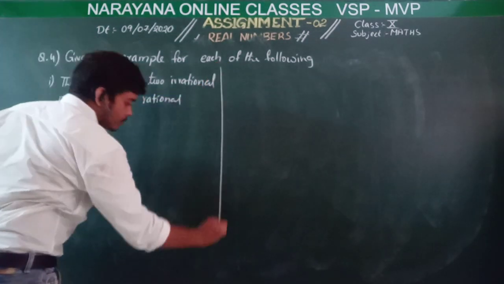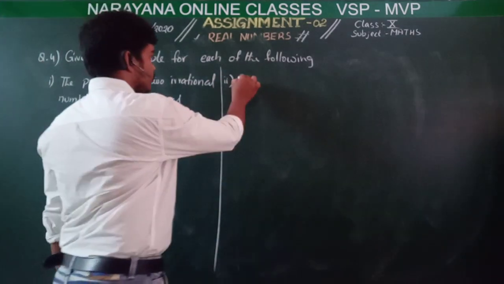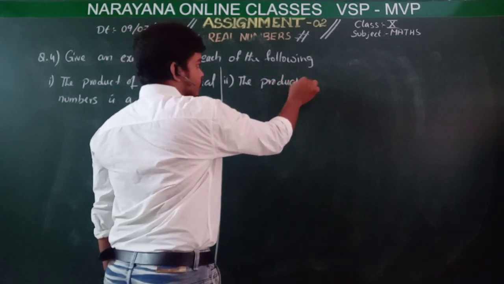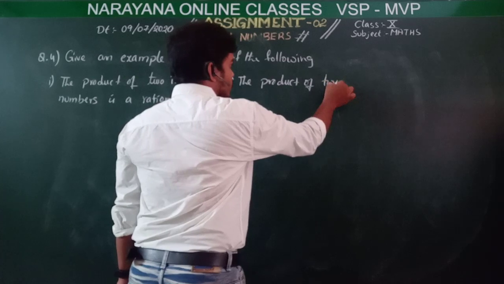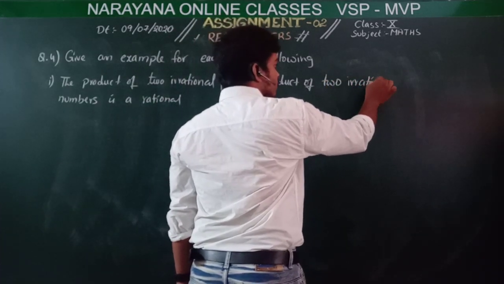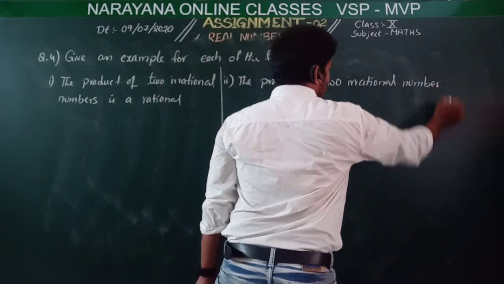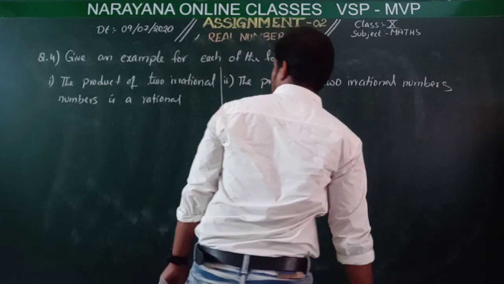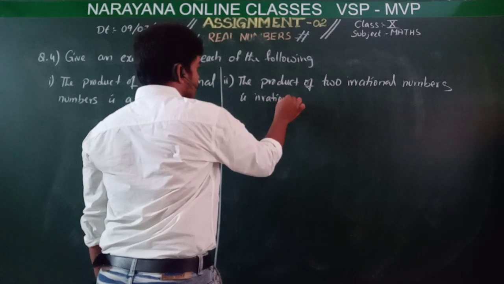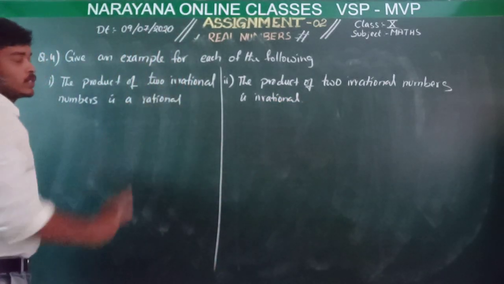And the second question is the product of two irrational numbers is irrational. So give an example for both the questions.